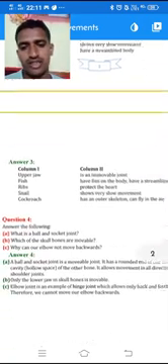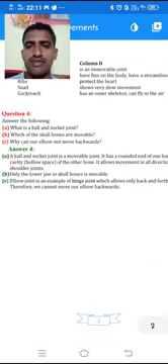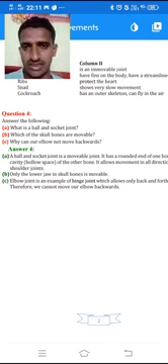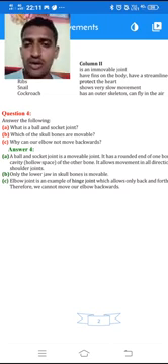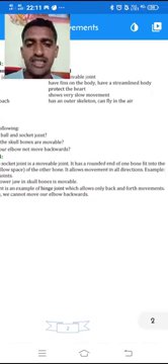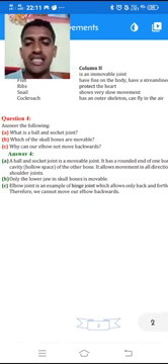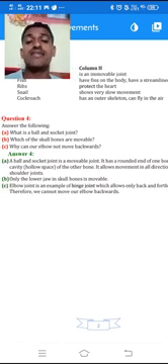Now let's go for the question and answer. Three questions are given here. Answer the following questions. First one: what is a ball and socket joint? A ball and socket joint is a kind of movable joint, not immovable. It has a rounded end of one bone that fits into the cavity or hollow space of the other bone.